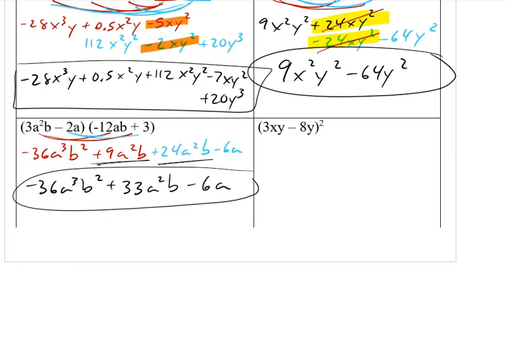And the last one, since it's the same thing squared, it's actually considered a perfect square. So really it's just 3xy minus 8y times 3xy minus 8y.